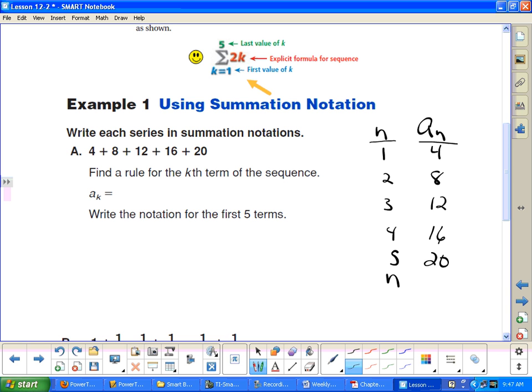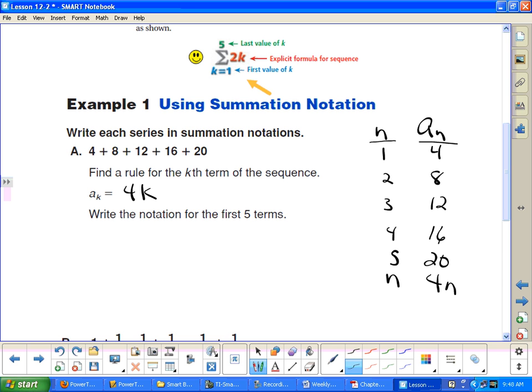Those are multiplied by 4, right? So if I had a rule here, it would be 4n. That would be my explicit rule, because we're taking each of these numbers, 1, 2, 3, 4, and 5, and multiplying them by 4 to get these numbers here. So it says find a rule for the kth term. So a sub k would equal, in this case, 4k.